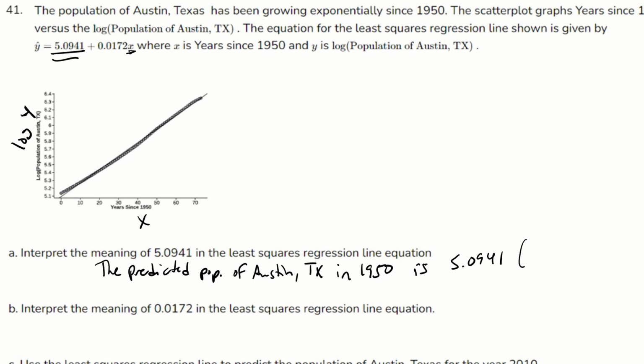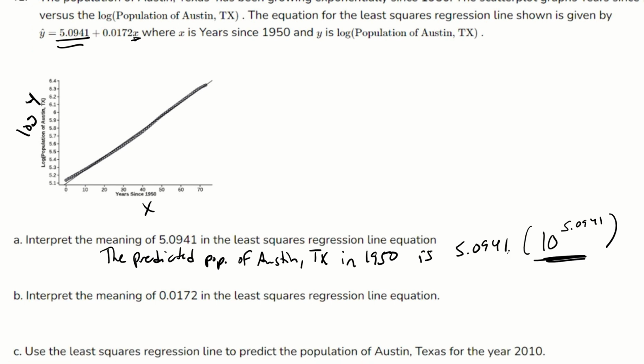Now technically it is 10 to the 5.0941, right? Because it's a log, but if we're just taking the y, we could just put 5.0941. It's not a big deal, but technically speaking, it's 10 to the 5.0941. That's the population.